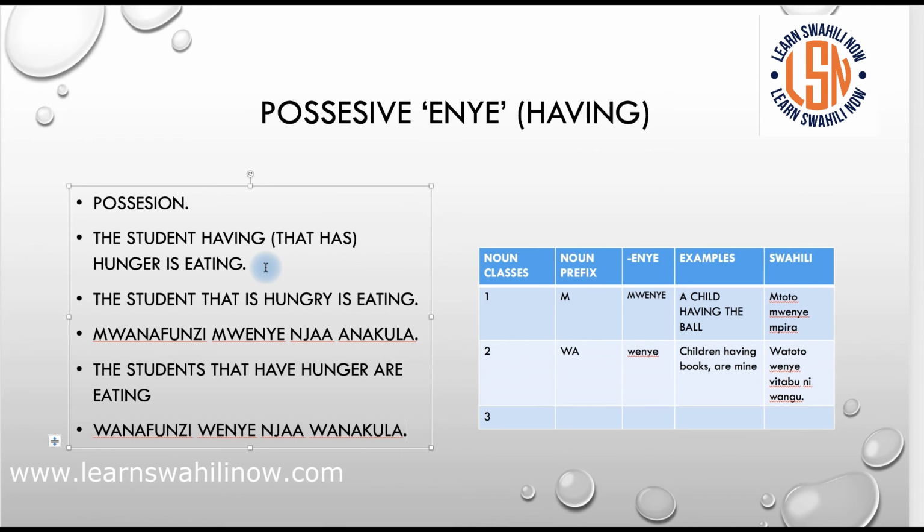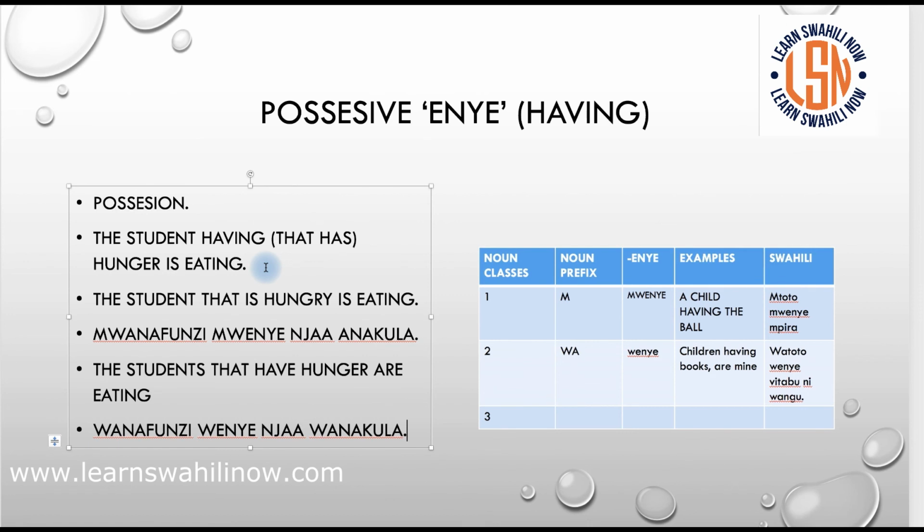Okay, so it's really a different way of thinking from English, but this is the approximate similarity. This is how you can understand it from an English perspective. But next time you come across enye or mwenye, it simply means possessive in relation to something specific. All right, it's not just, oh, I have this. It's one who has this, and then you continue the thought.